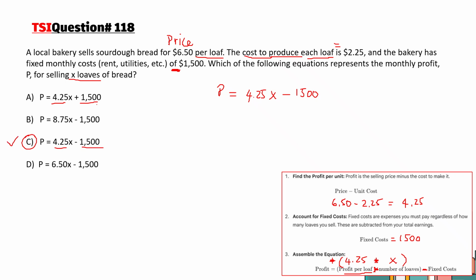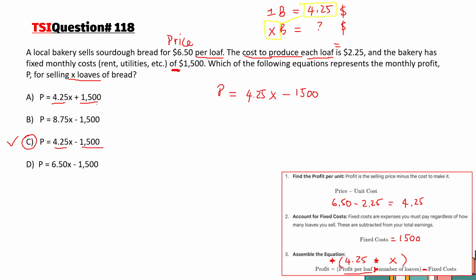Okay, so let's see how we remember it. Just say if I sell one bread, I will earn $4.25. Okay, so if I sell X bread, how much money will I earn? You will see that we have the cross multiply, divide by the rest.